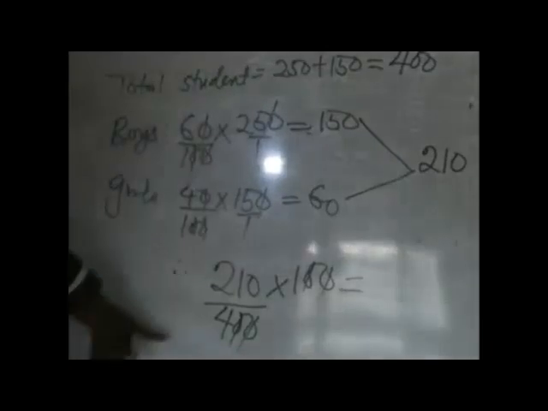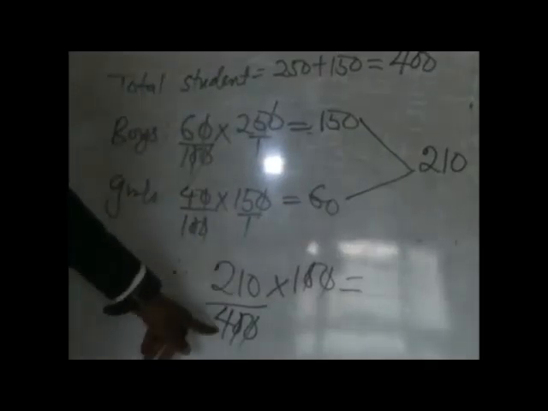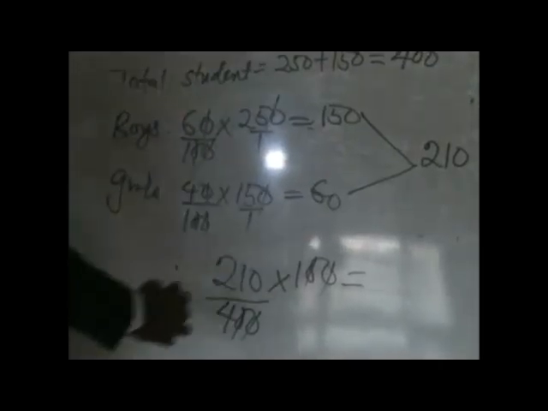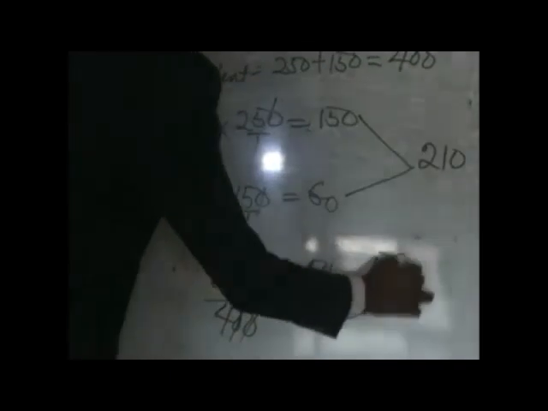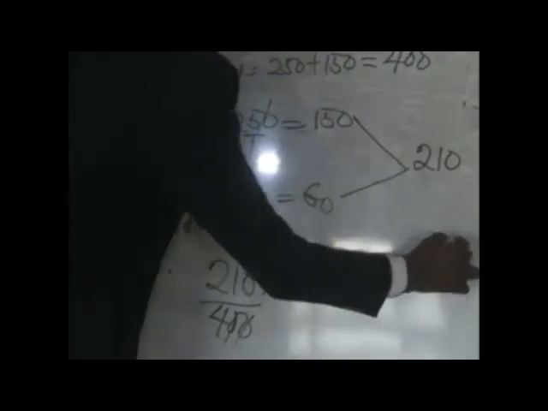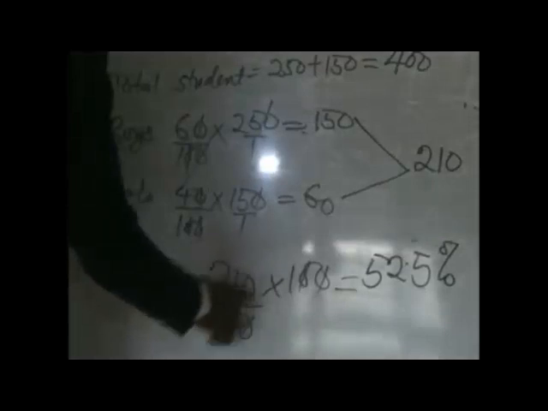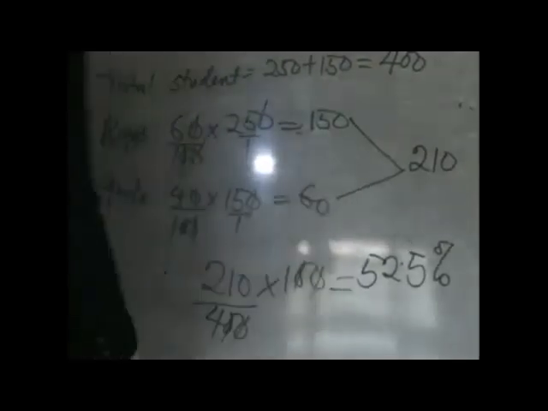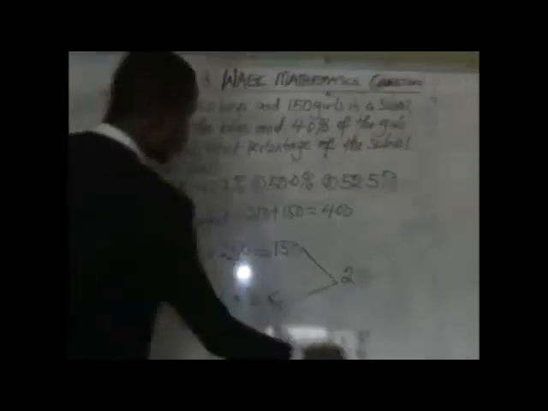It is left with 210 divided by 4, which will give you 52.5%. When you press your calculator, you discover that 210 divided by 4 is 52.5. So 52.5% is the percentage of the school that plays football, and the correct option is option D. You understand?